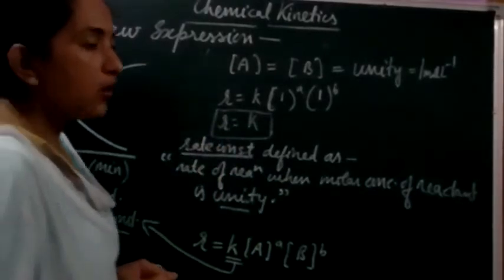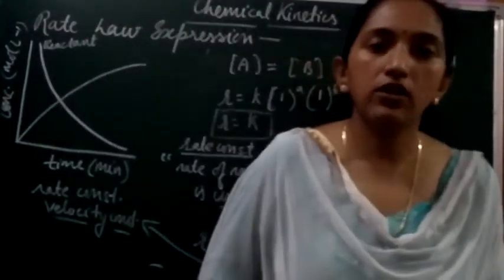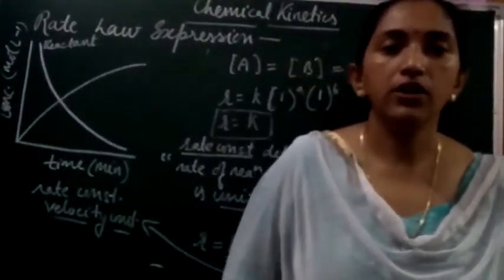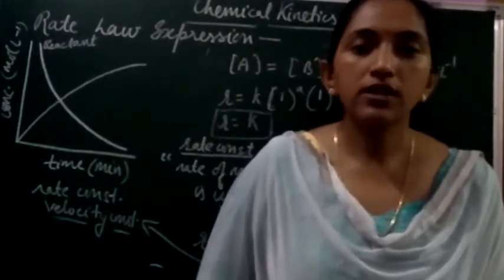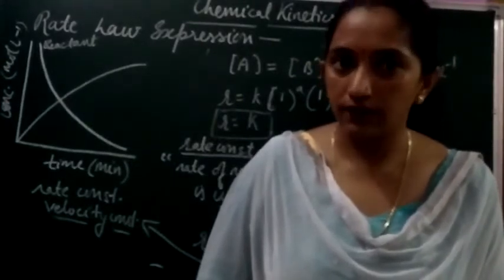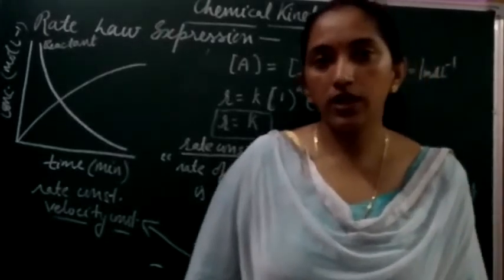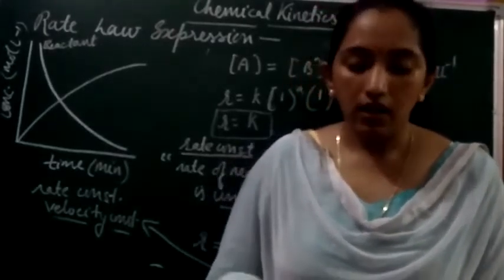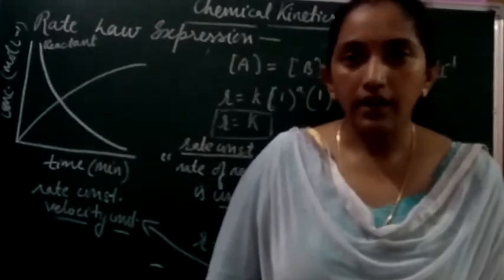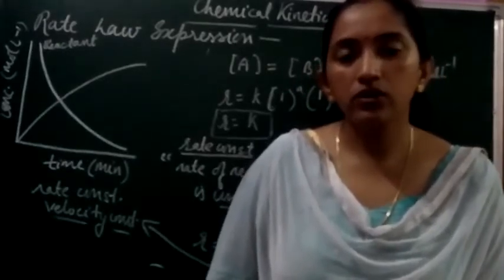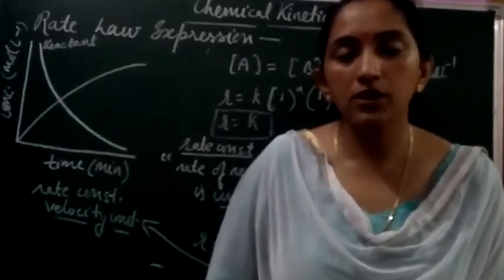Right, student? Now we have certain characteristics of the rate constant, that is, how it is used. First of all, the rate constant is a measure of the rate of the reaction. What does it mean? It means that the greater the K value, the faster will be the speed of the reaction.